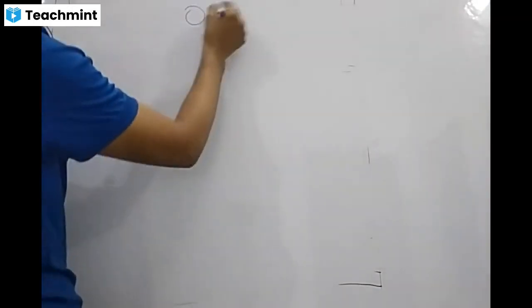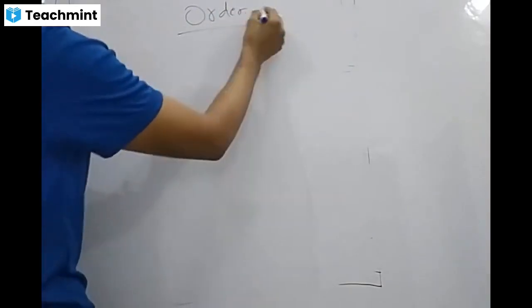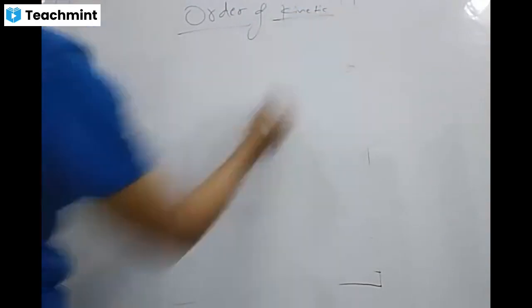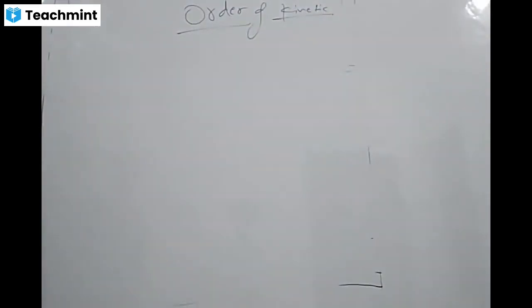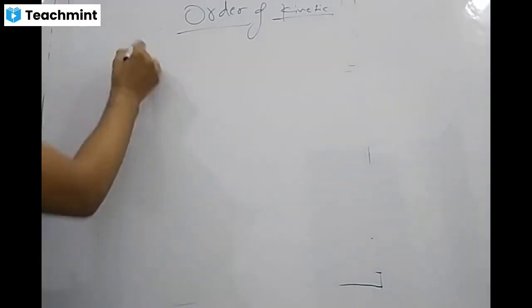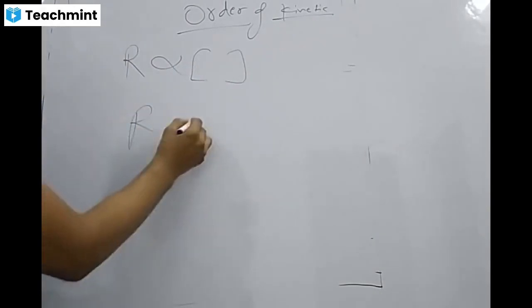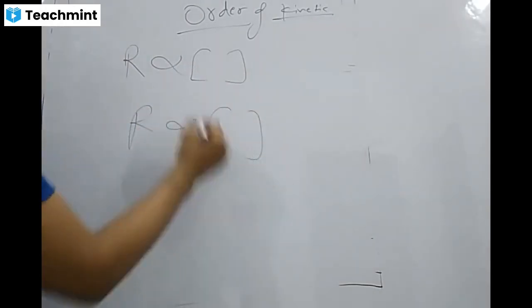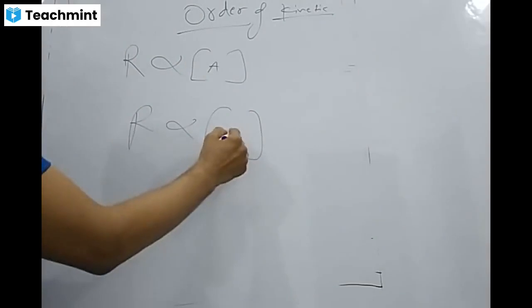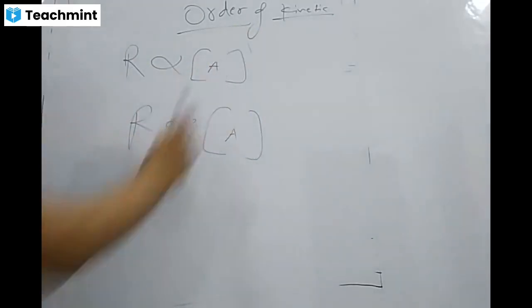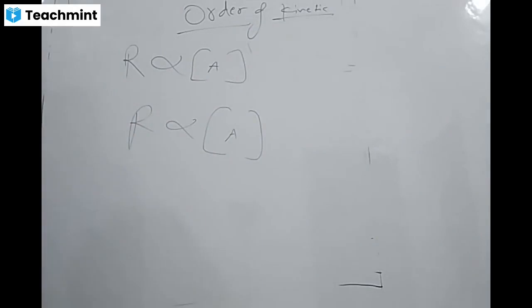Next and last topic of today is order of kinetics. There are only 2 orders, first order and zero order. Rate is directly proportional to concentration. Suppose drug A. If I put 1, it means the rate is directly proportional to concentration.